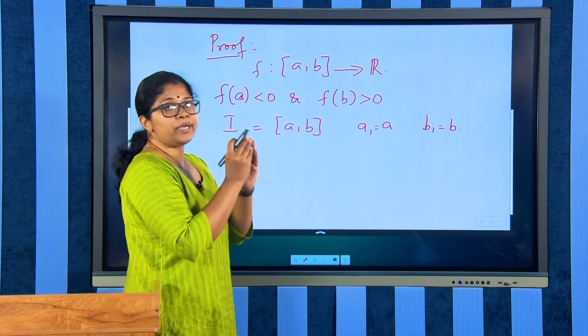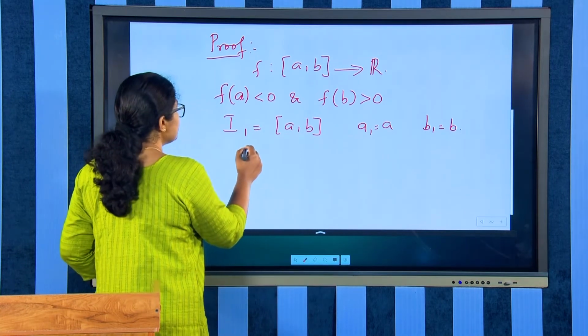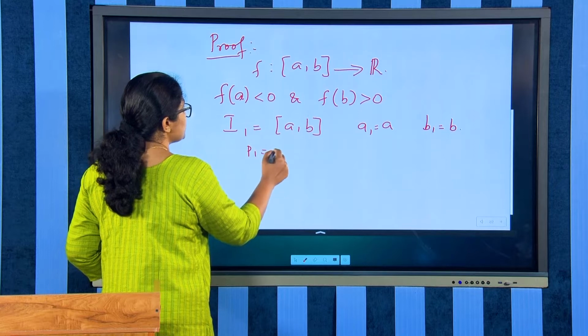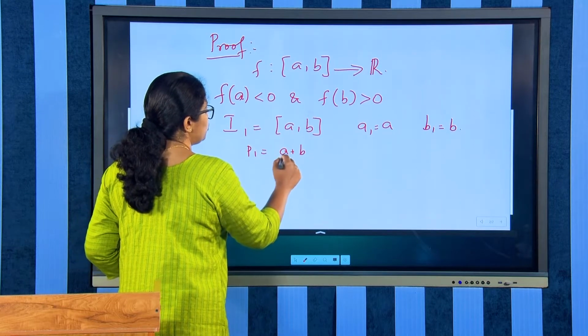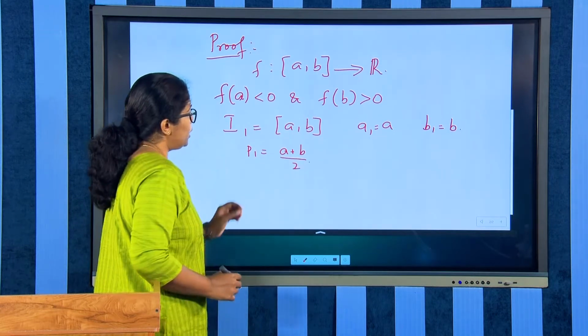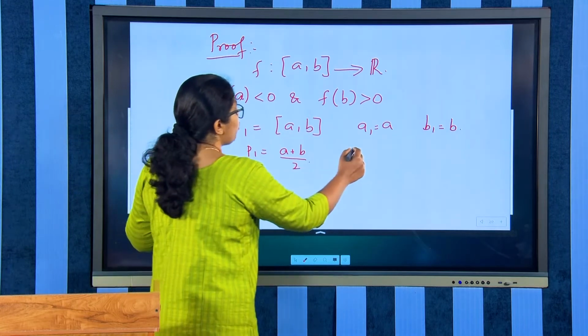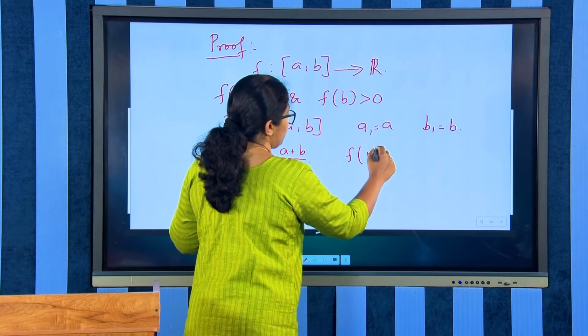Take the midpoint of A and B. That means, let P1 be A plus B by 2. Now, look at the image of this point, f of P1.